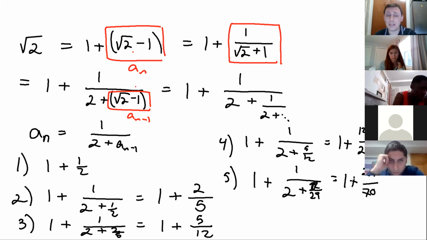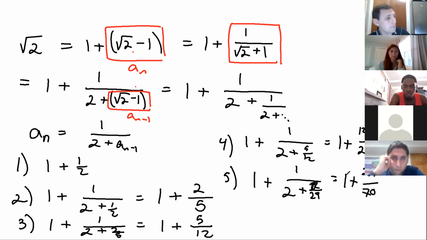Now we can stop at this point and let's see what the approximation is. You see, if you press it in the calculator, we just did this procedure only 5 times, right? 1 plus 29 over 70 is our approximation currently to root of 2. What's that approximation compared to the calculator? Let's see. So this would be 1 point what? 29 over 70.